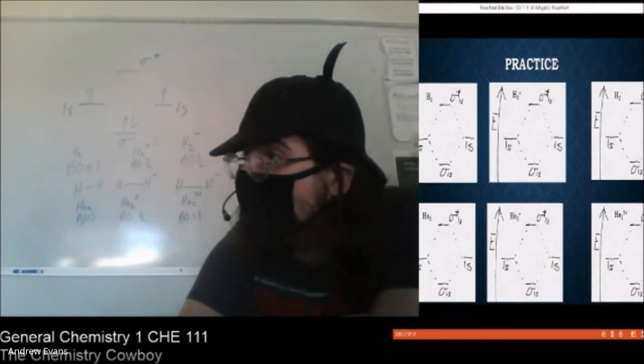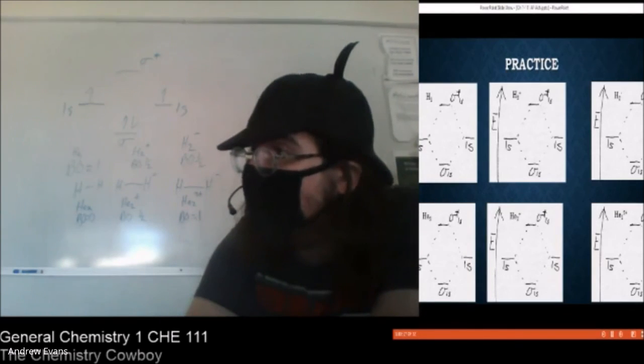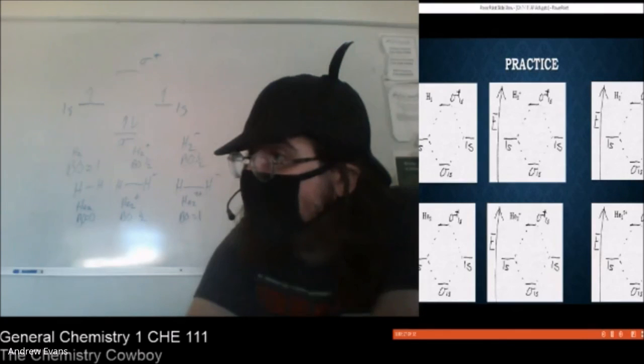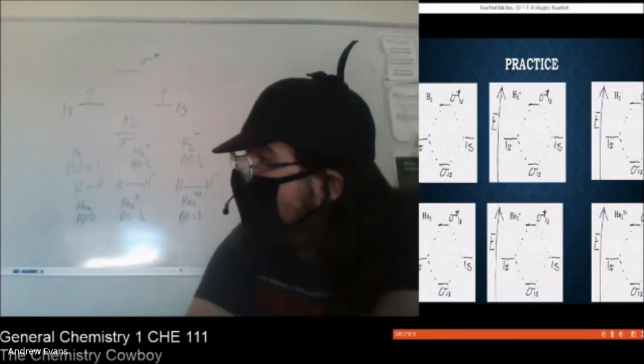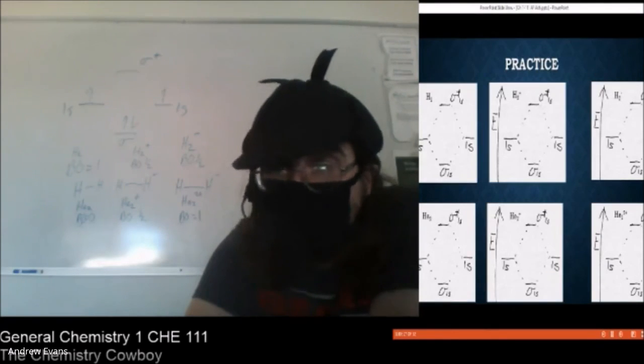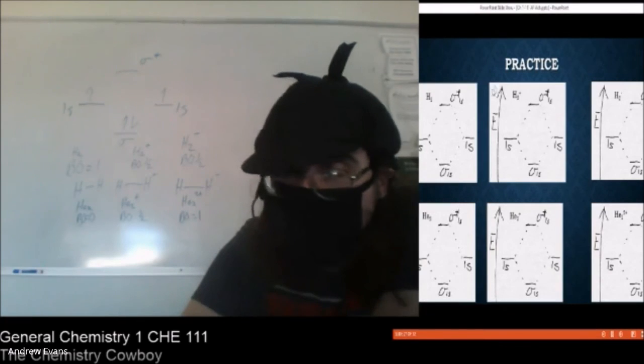God, no. What might you have to do? You might have to put electrons in from bottom to top. You might have to determine bond order. But you would always be given a diagram if I even want to ask this. I might have so much other stuff that I don't need to.